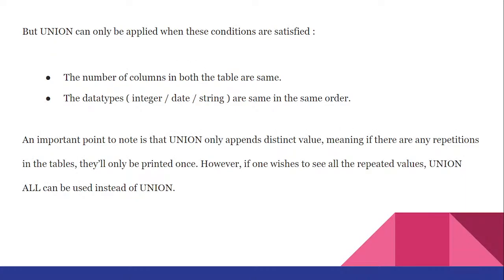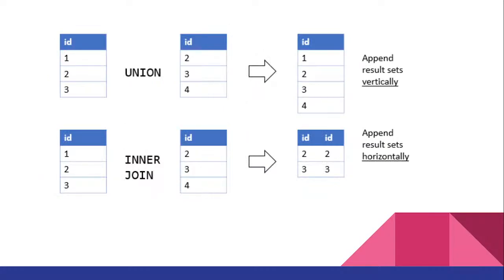First, look at a visual way of how a union and inner join differ. When you have union, as I said, the values are appended vertically, on top of each other.